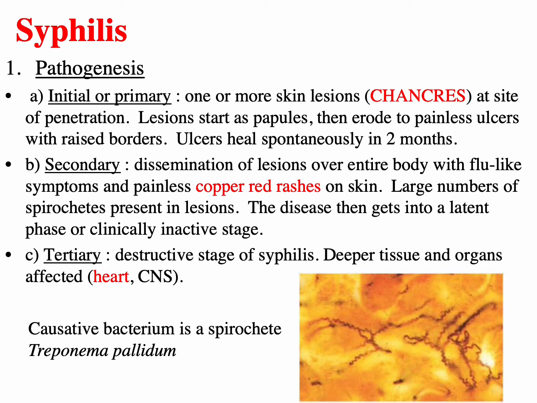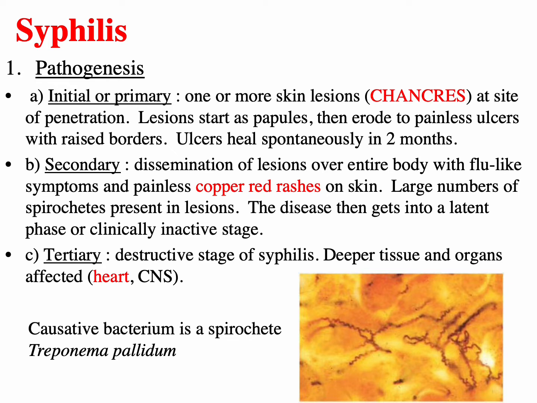So after the lesion heals in the genital organ, you'll start seeing lesions all over the body. The person will also have some flu-like symptoms, and then start getting a copper red rash on the skin, on the back, all over the body.